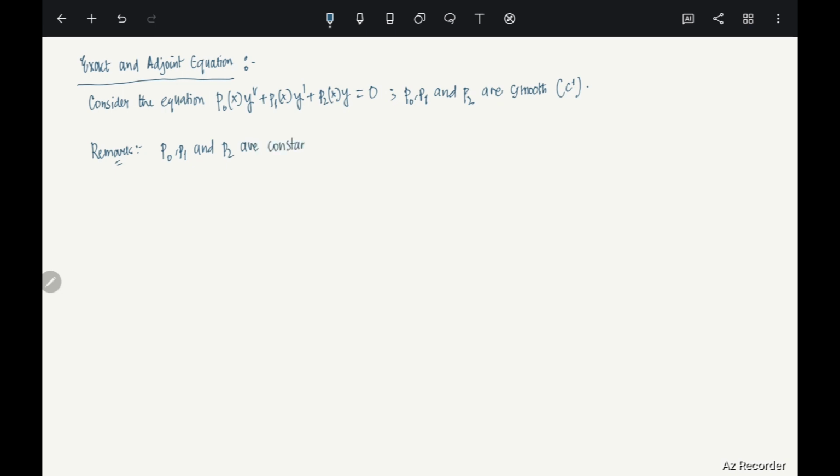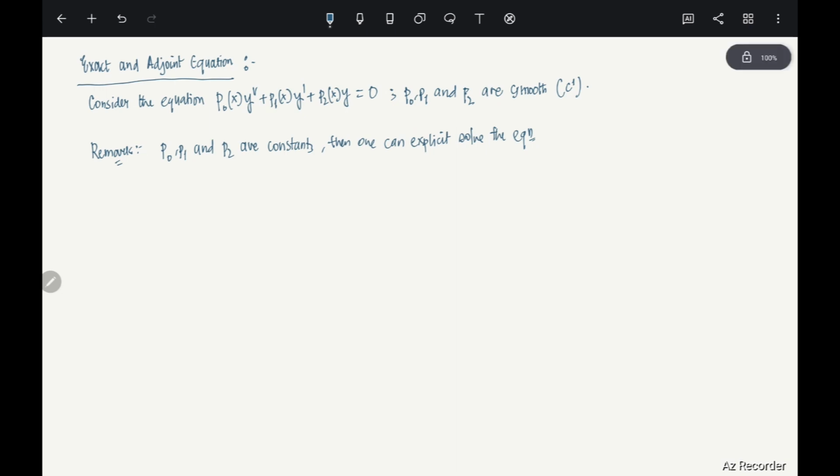Then one can explicitly solve the problem. You remember the e power mx kind of thing. And what about the inhomogeneous part? If you have the solution of the homogeneous part, you can use Duhamel's principle to find the solution of the inhomogeneous part. So we can actually solve this problem.